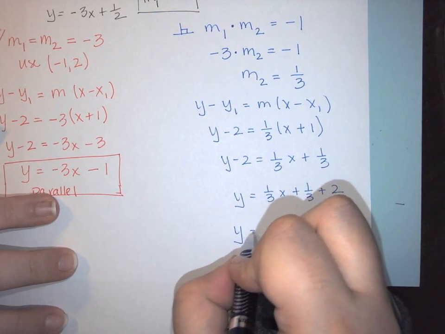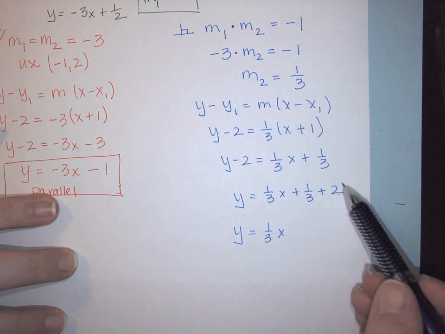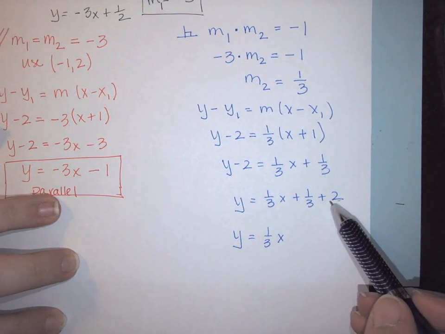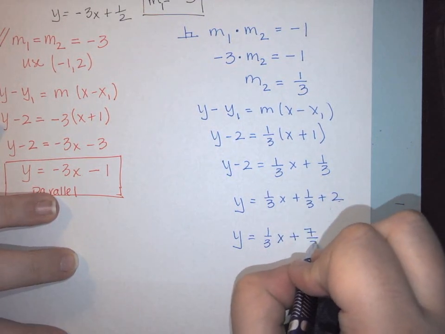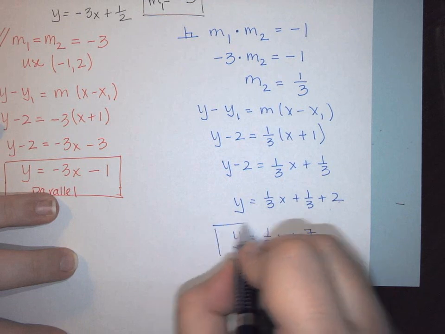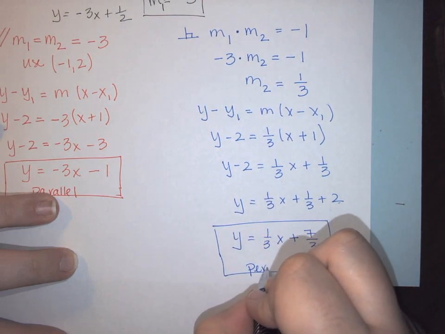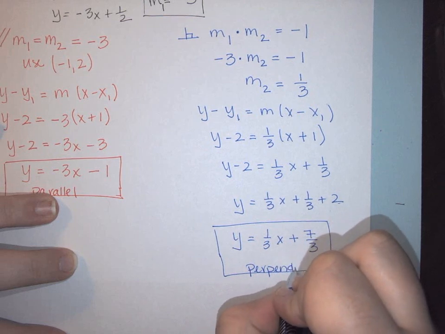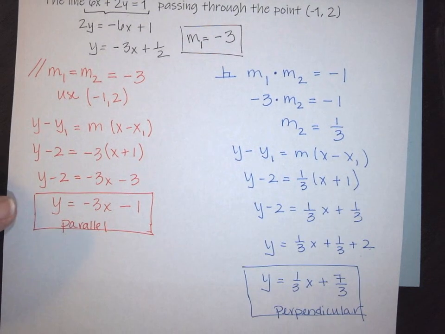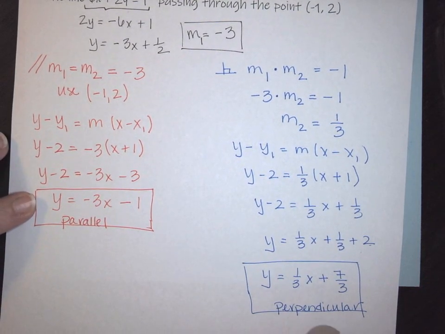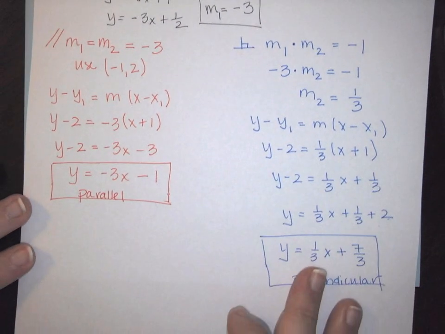So y is equal to 1/3 x, and then here, this 2 would turn itself into 6/3. So this becomes plus 7/3. And here is your perpendicular. So I've got my parallel line and my perpendicular line to the given information that we had in the beginning.